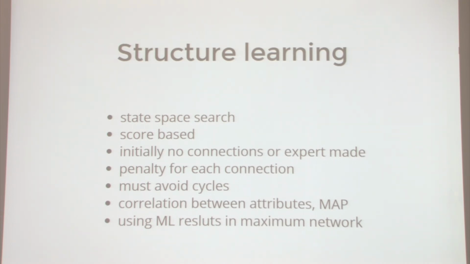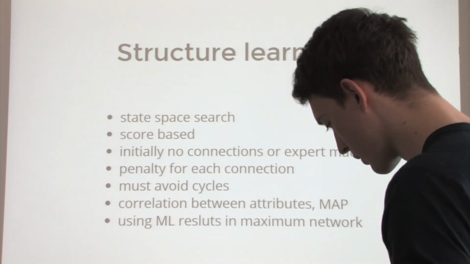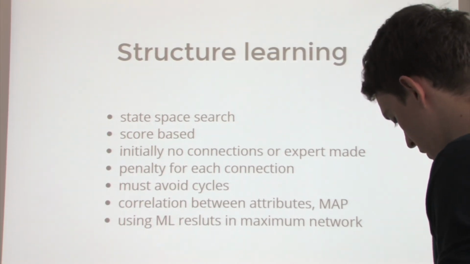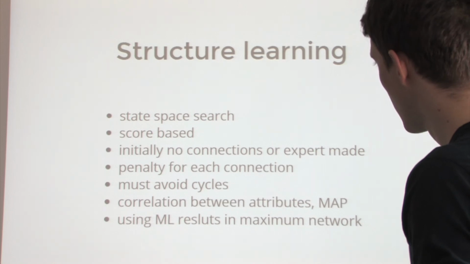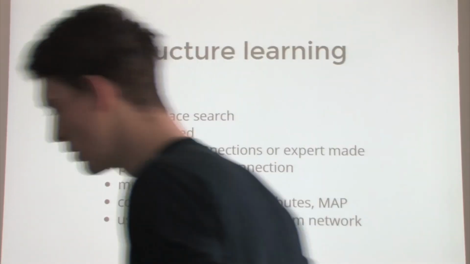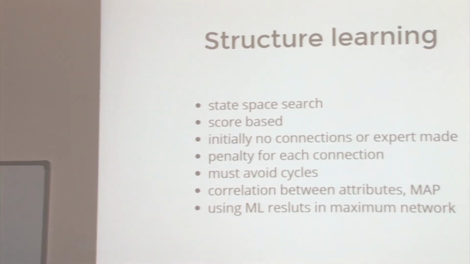Also important: when the domain is simple enough, some experts can come and look at it and say, okay, I know that the domain structure will be like this. Or you can take the expert opinion for the initial Bayesian network.